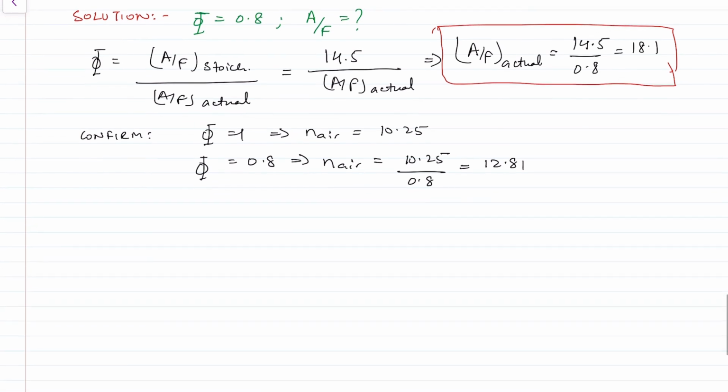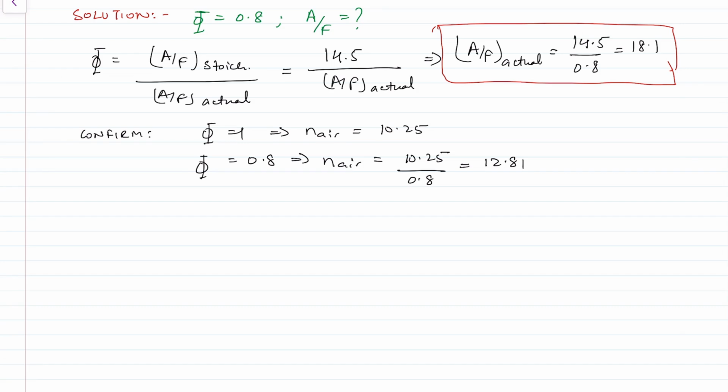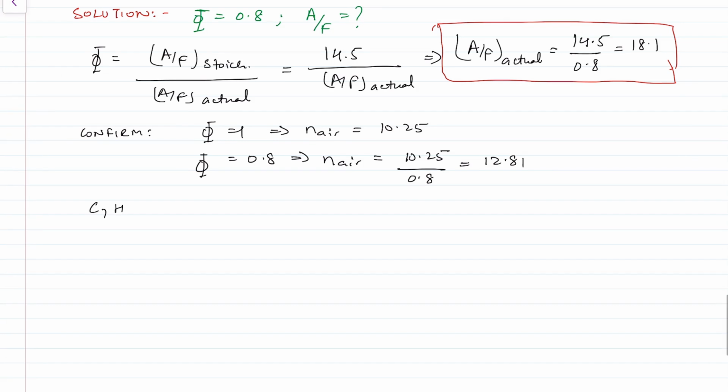So we say C7H13, 10.25 moles of air. Usually we have that, right?